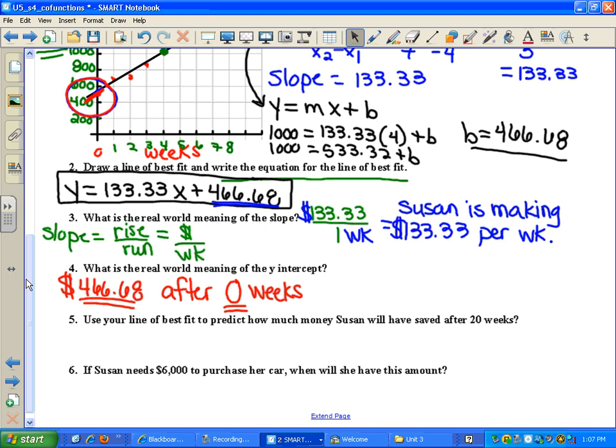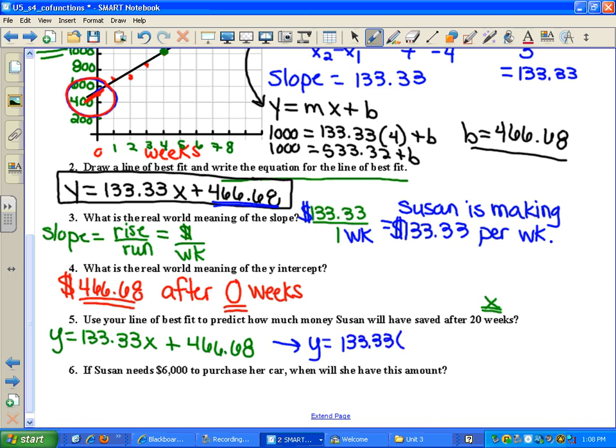Well, weeks is my x value. So I'm going to take my equation, which is y equals 133.33x plus 466.68. And everywhere I see an x, I'm going to plug in 20. So I end up with y equals 133.33 times 20 plus 466.68.